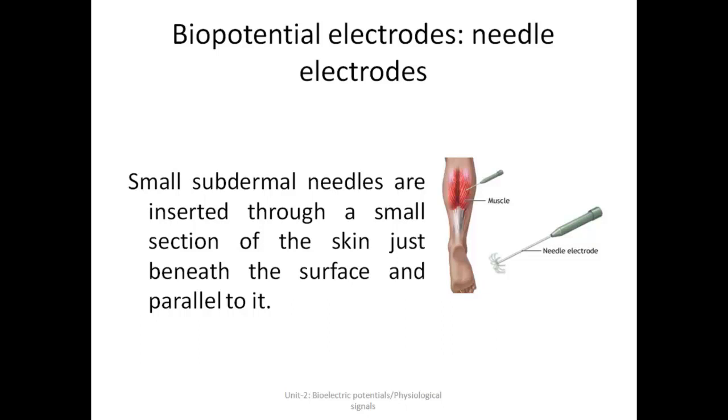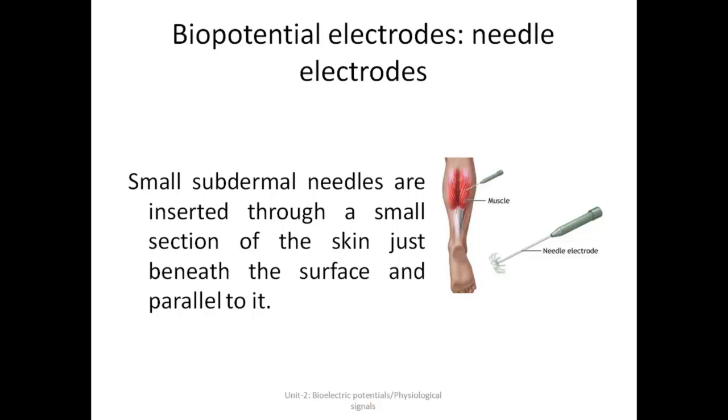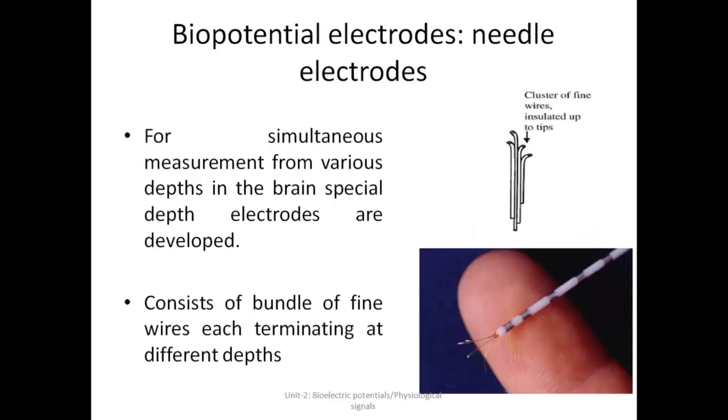Generally, they are simply inserted through a small section of the skin just beneath the surface and parallel to it. So very small needles are there, and whether you want an EMG measurement or an EEG measurement, a slight insertion in the skin is made, and just beneath the surface of the skin, parallel to the skin surface, these needles are placed.